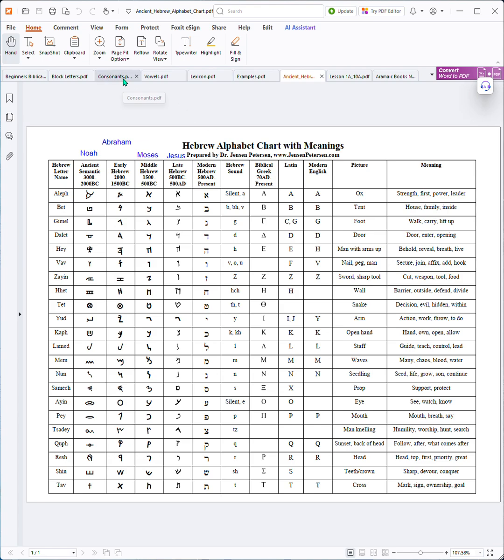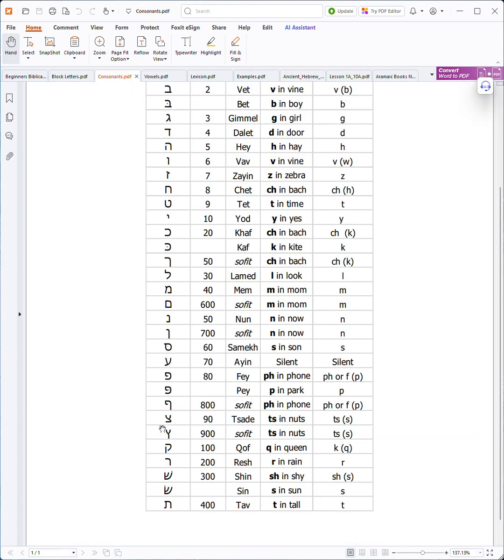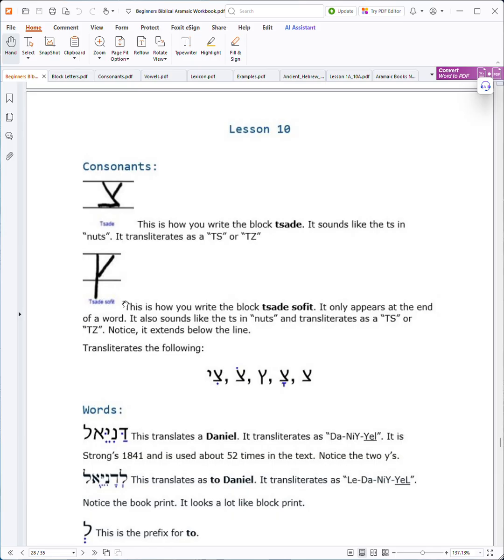So now when we look at our consonants, it's number 90, and it's a TS or a TZ, as in nuts. You may see it transliterated as an S. Okay. So this is a Sade Sophite. It only appears at the end of a word, and it's a TS or a TZ.